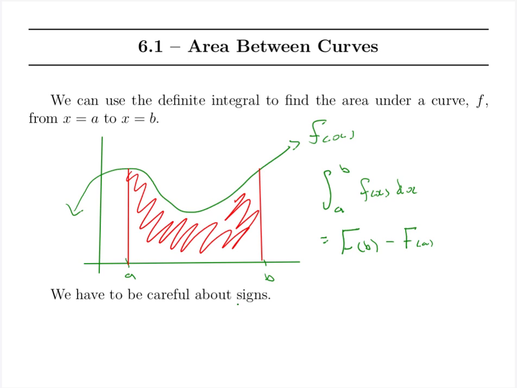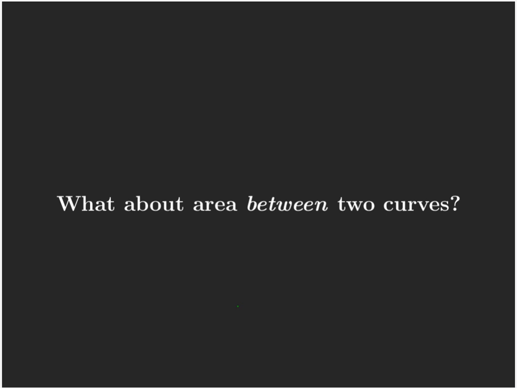There's really not much more to finding area under a curve, but the question that we want to ask is, what about finding the area between two curves? What if we look at something like this instead, where we have our axes, and now instead of one function, we have two functions.